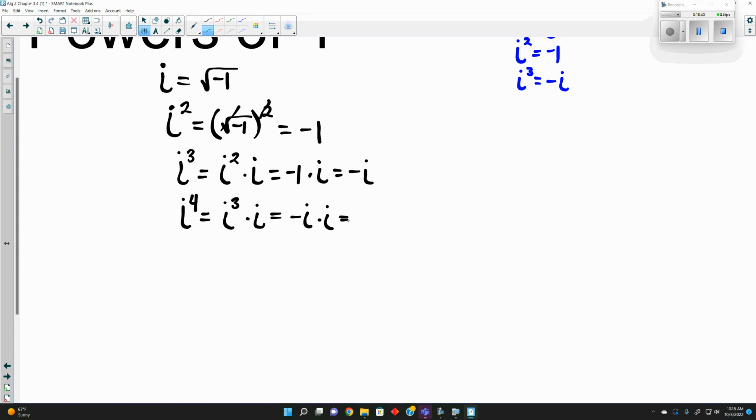Well, i times i is i squared. So we have -i squared. Well, what is i squared? So we have -(-1), which is 1. So i to the 4th is 1.